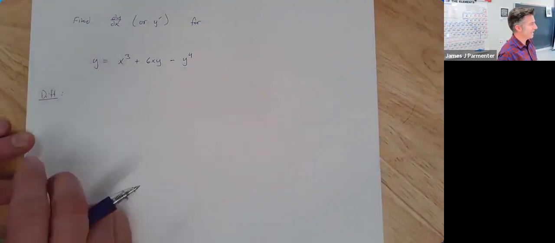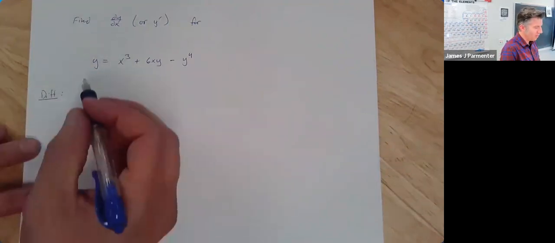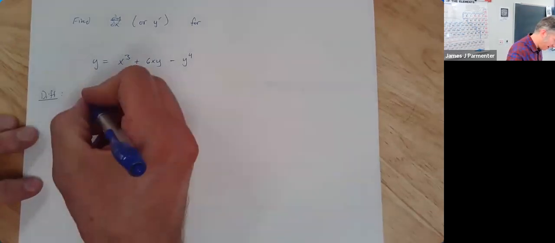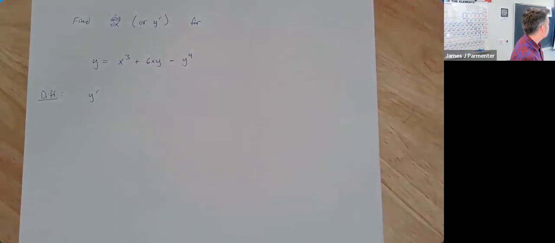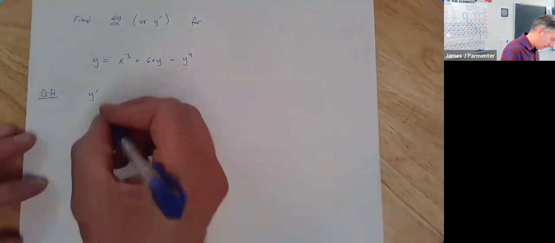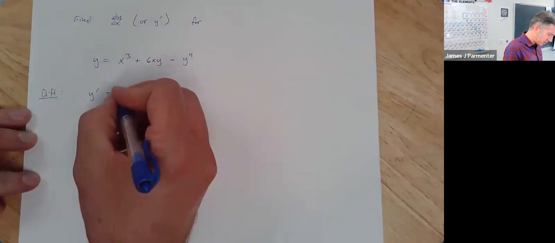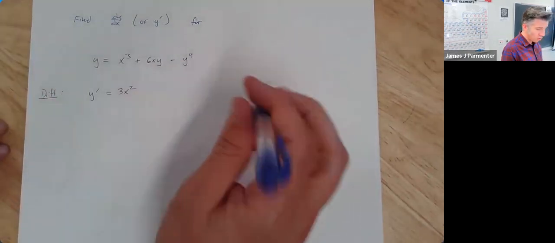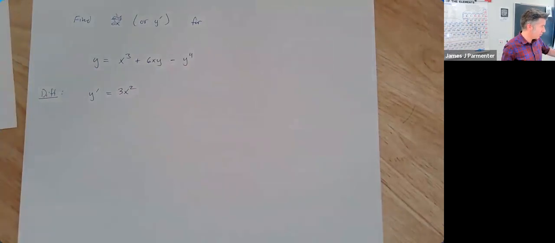Okay, I'm going to ask it again. I know I asked it before. What's the derivative of y? Right, it's the derivative of y. You could also, if you prefer, say it's 1 times y prime, if that makes you feel more comfortable. But essentially, every time you differentiate something with y, you end up multiplying by y prime. But it's also just easy to say, yeah, the derivative of y is the derivative of y. Okay, the derivative of x cubed is 3x squared. The derivative of 6xy is going to necessitate the product rule.